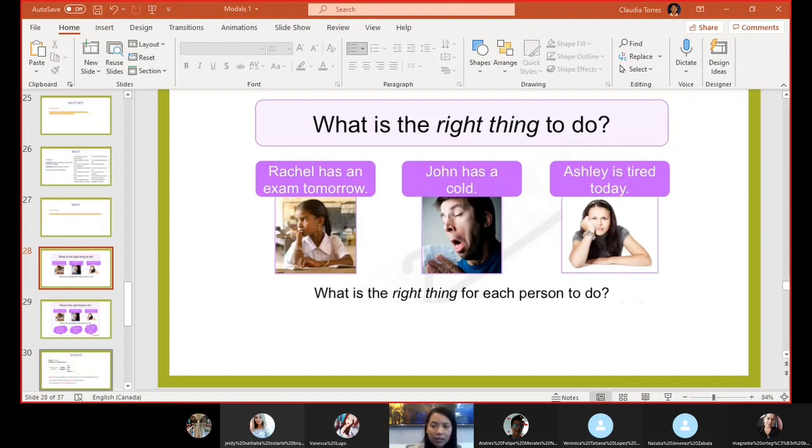So for the cold, for John, maybe if he has a headache, you can say the acetaminophen is good. It's a good recommendation, but you can also say that you should take a painkiller. A painkiller is a medicine you take for a headache, or maybe if your body is sore, in pain.